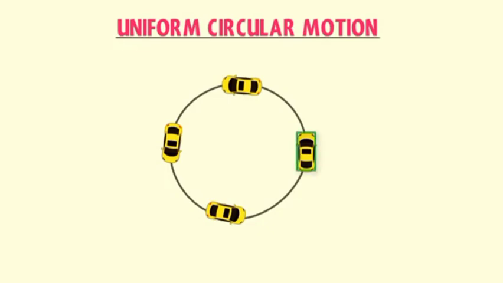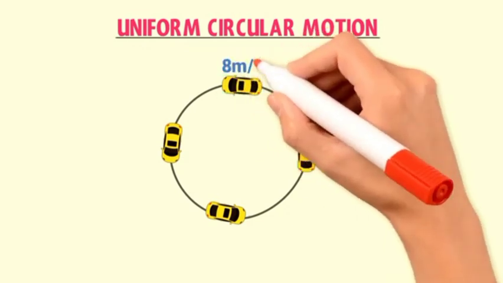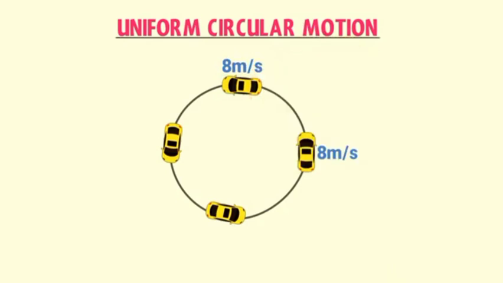Let at this point, the speed of this car be 8 meter per second. At this point, the speed of the car is again 8 meter per second. At this point, the speed of the car is also 8 meter per second. And similarly, here, the speed is again 8 meter per second.